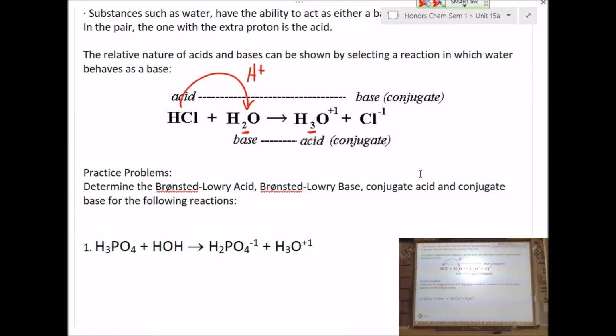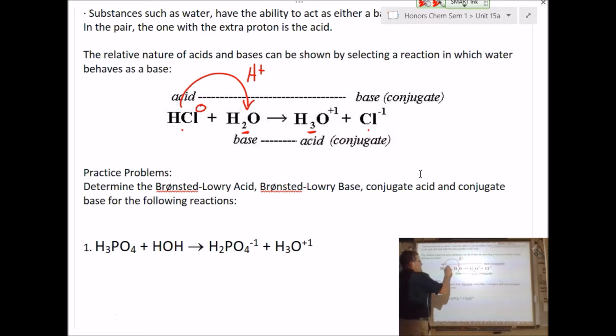Now, also, are you keeping track of the charges? So if I donate a +1 charge, what should happen to the charge of this? You should get more negative, right? So if I give away a positive charge, I'm going to become more negative. If I accept a positive charge, then I'm going to become more positive. And did that happen? You could do that.